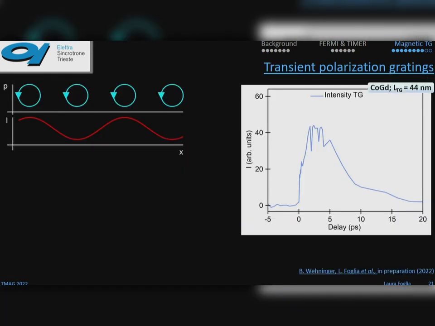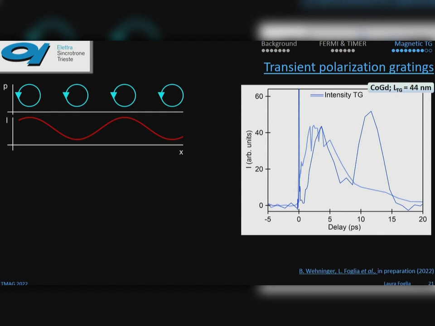So I only have 5 minutes, but I only have 2 slides, which are the cross-polarized experiments, the thing I was talking about before. So this is the signal I've shown you at the beginning, this cobalt gadolinium at 44 nanometers. And this is what happens when you measure the same sample in reflection.